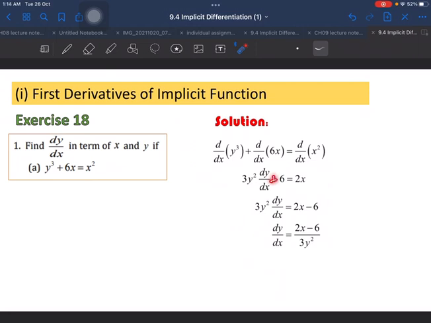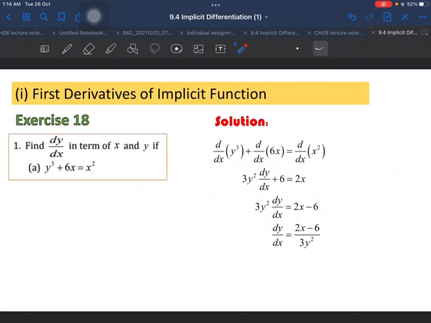And then plus, for the second term, d over dx of 6x, we get 6, equal to d over dx of x square, we get 2x.